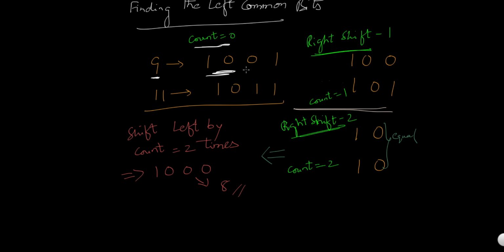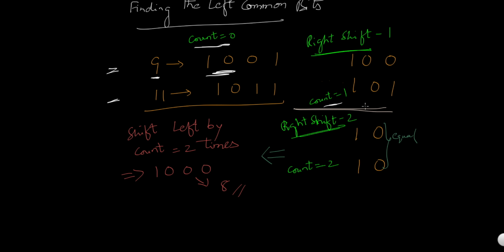So what we'll be doing is we'll be right shifting this 9 until this and this becomes equal. Okay, so during our first right shift, this 9 will become 100 and this 11 will become 101. So we'll increment the count to 1. Again, we'll check whether 100 is equal to 101.